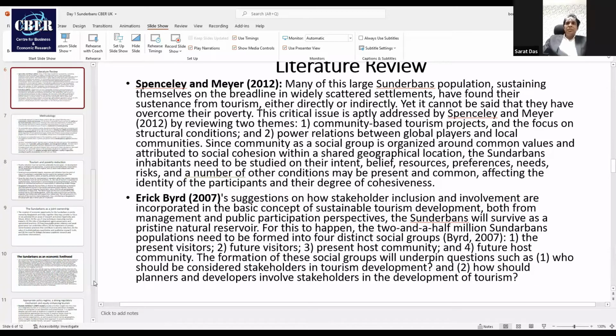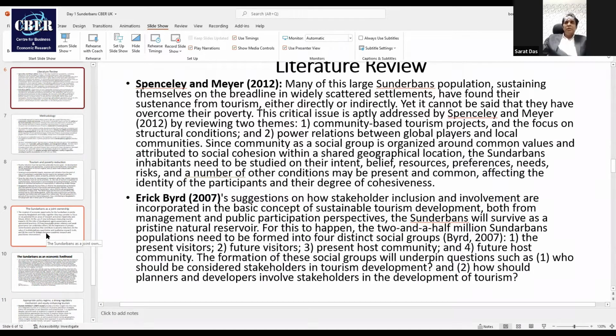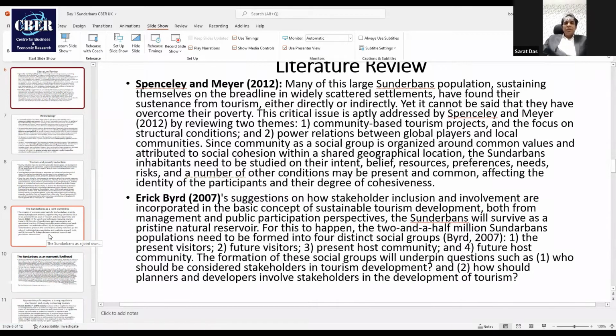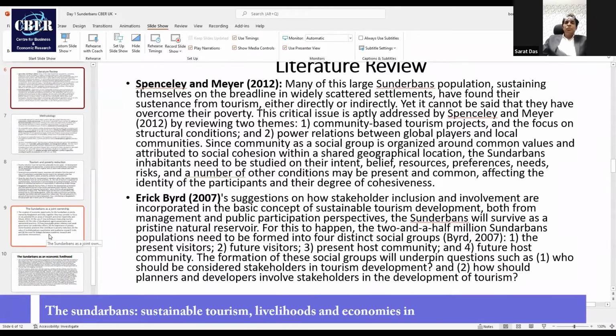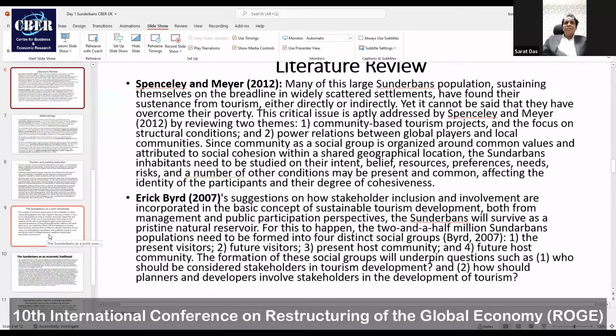One is community-based tourism projects, which would also deliberate on the structural conditions. And the second part is the power relations between the various global actors and the local communities. So here, I would extend that discourse to link it to social network theory, the way that an individual actually operates in group situations.